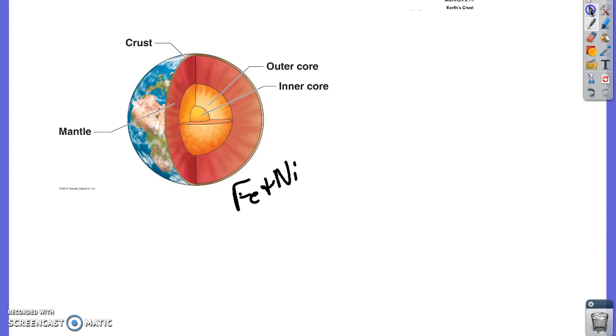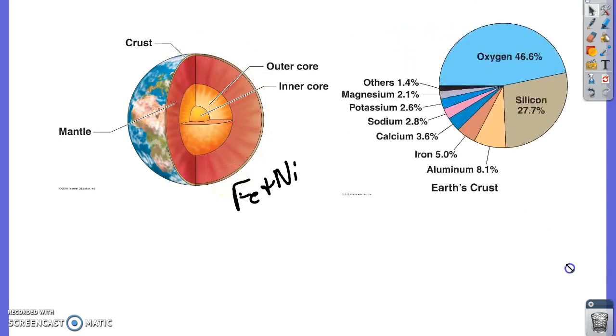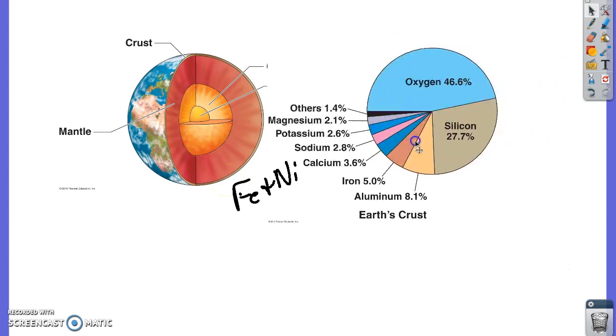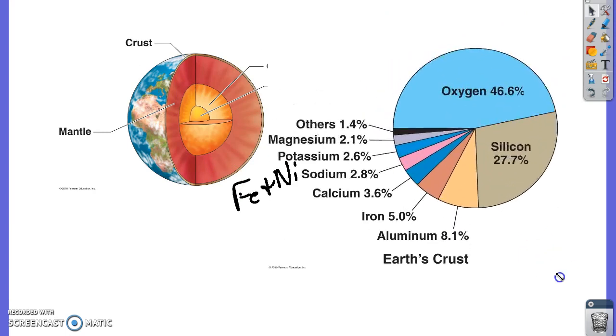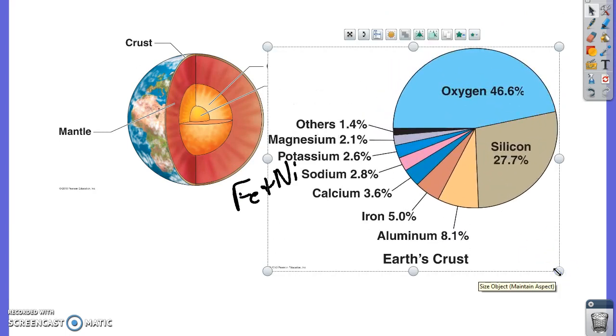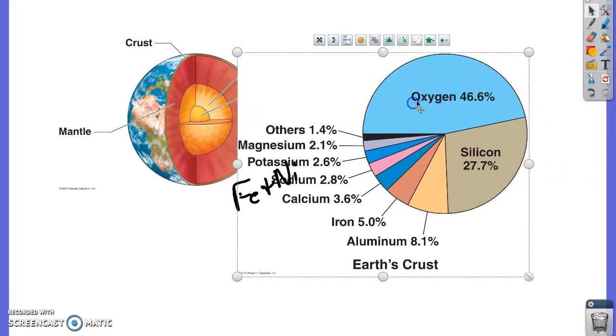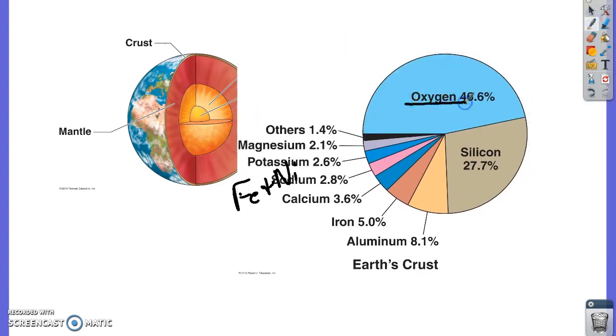Now, the crust, which is what we live on, is just this little peel on the outside of the apple, if you will, a very small part compared to the magnitude of the inside. Crust is a little different. It's almost entirely, if we had two elements, we would have to say silicon and oxygen.